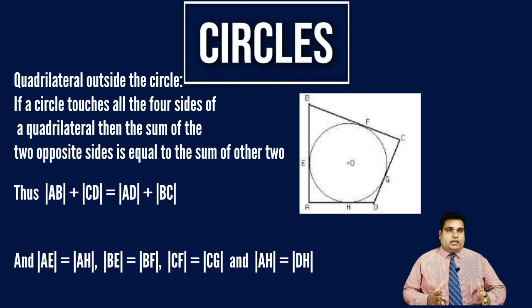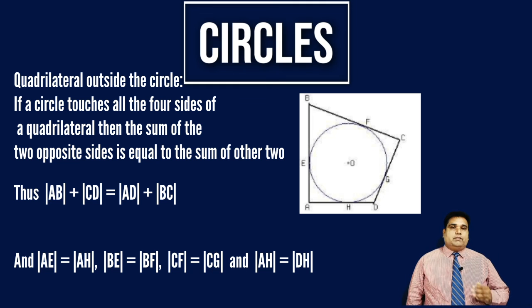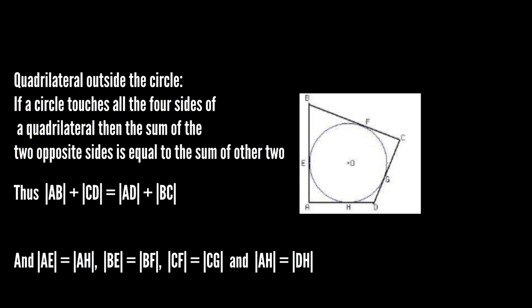So we can say AH will always equal AE, BH will always equal DG, CG will always equal CF, and BF will always equal BE. So these are the two unique properties of a quadrilateral outside the circle.